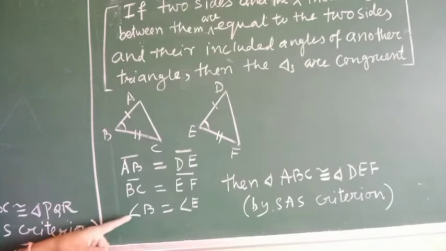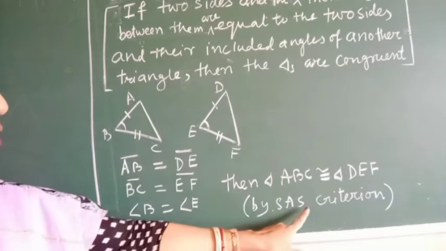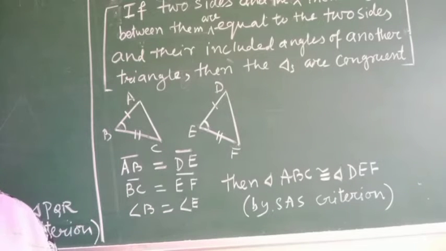Then we can say that these two triangles are congruent by SAS criterion. Okay.